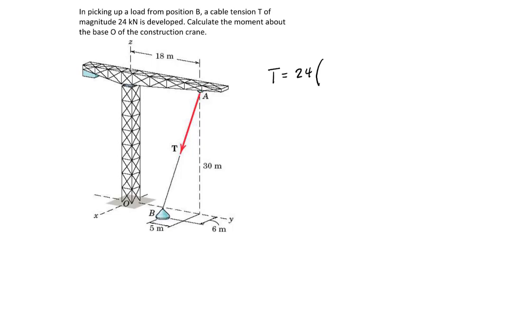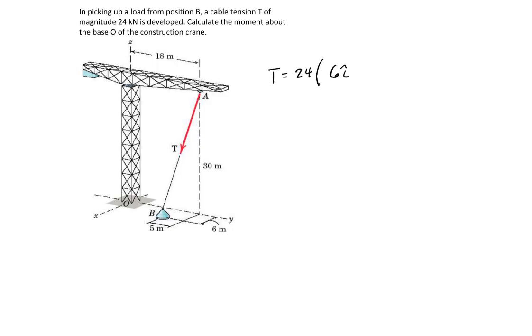In the i direction, it looks like it's going 6. And then in the j direction, it goes back that way, negative 5. It goes 6 in the i direction, negative 5 in the j direction, and then negative 30 in the k direction.